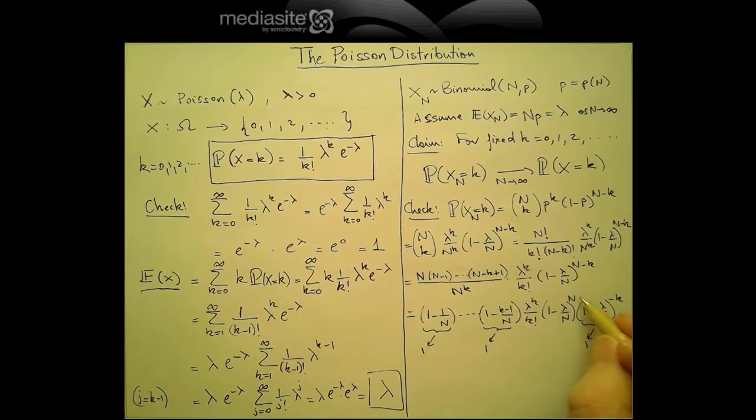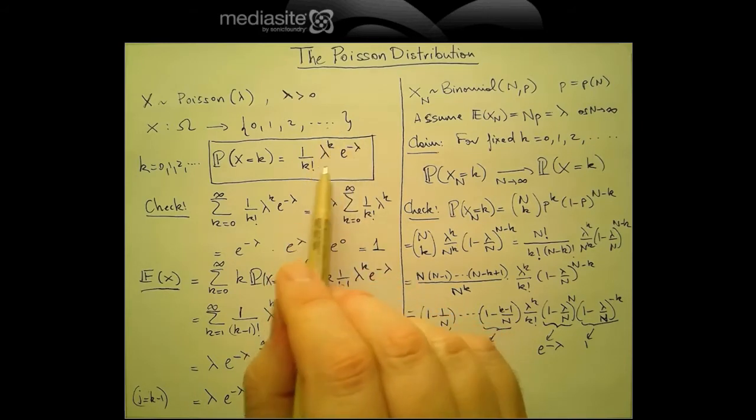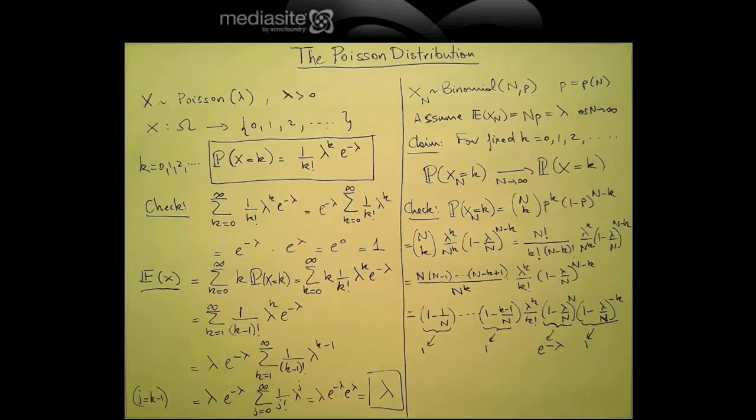Now, what about the term 1 minus lambda over n to the n? This, I claim, tends to e to the minus lambda, so that in the end we do get lambda to the k over k factorial times e to the minus lambda. We get exactly this expression here. So why does 1 minus lambda over n to the n tend to e to the minus lambda? Let's take e to the log, since these are inverses of each other: e to the n log of 1 minus lambda over n.